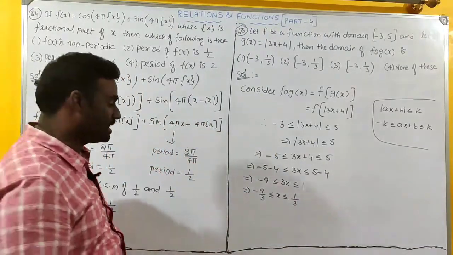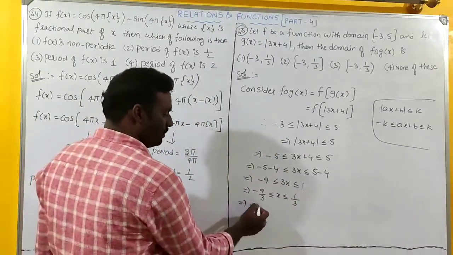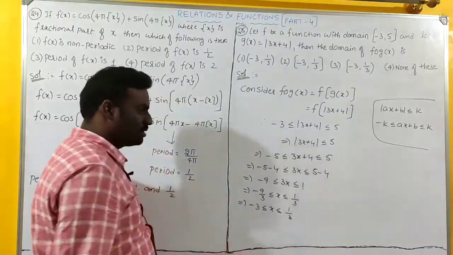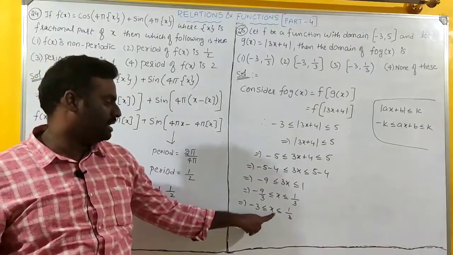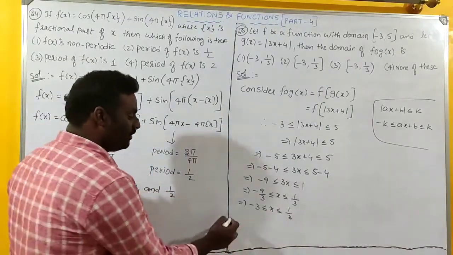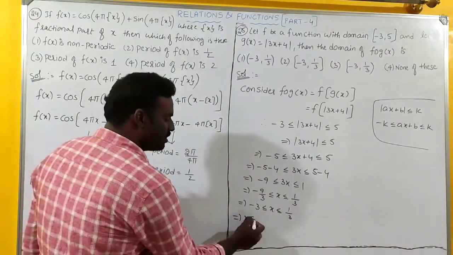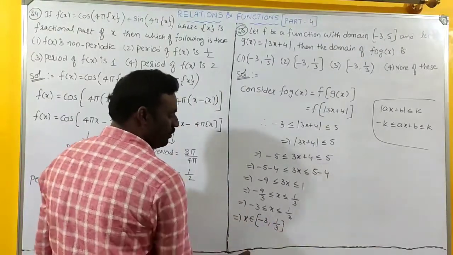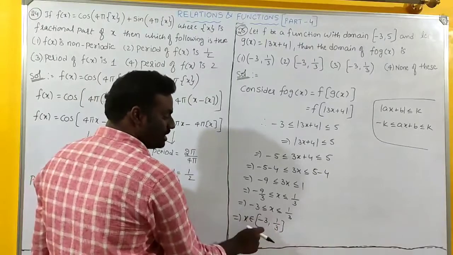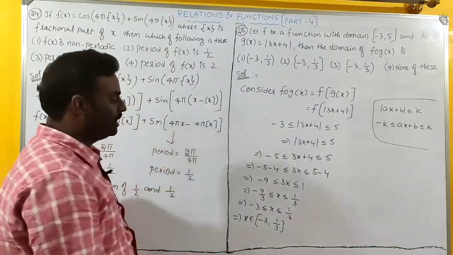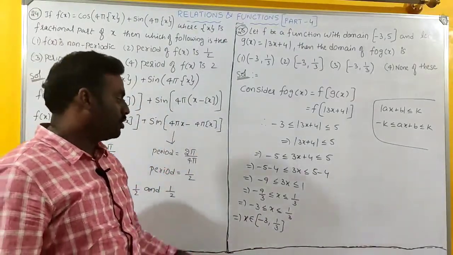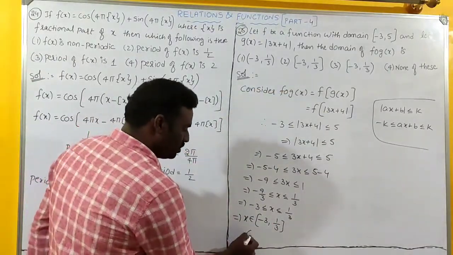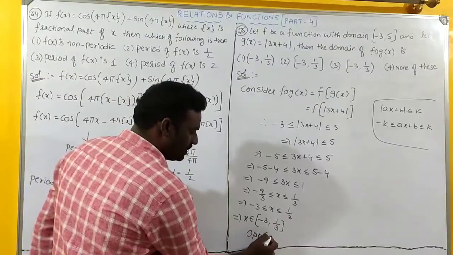Minus 9 by 3 is minus 3. So equal to is there on both sides. Therefore, x belongs to closed bracket minus 3 comma 1 by 3. Why closed bracket? Equal to means these values are also considered. Closed bracket minus 3 comma 1 by 3 means which option? Option 2 is the correct answer.